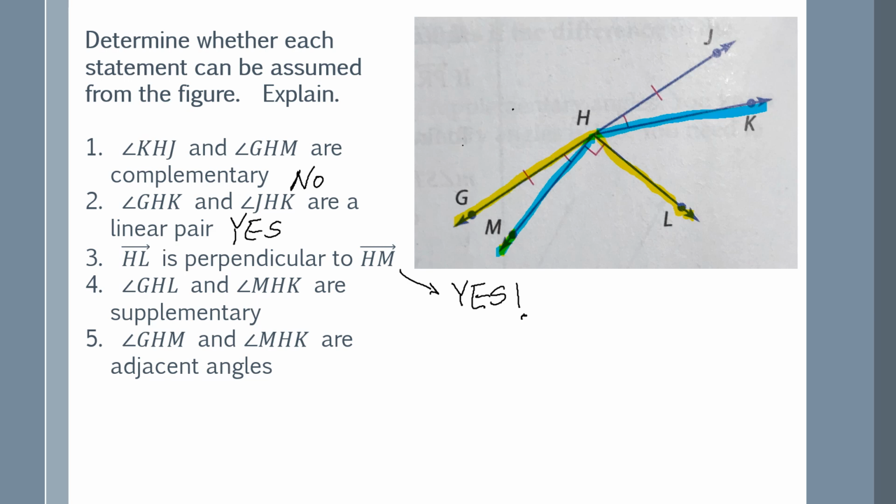We know this piece is 90, but we don't know what this one is, and we don't know this value. And I will tell you, we can also state for sure that because this angle here is greater than 90, and this angle here is also greater than 90, it's going to add up to more than 180. And therefore, they can't be supplementary. So that's a big fat no.